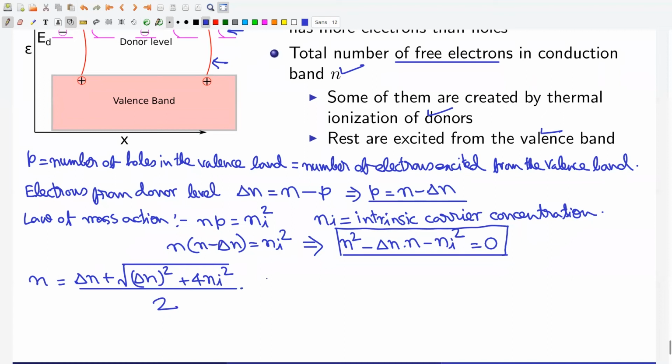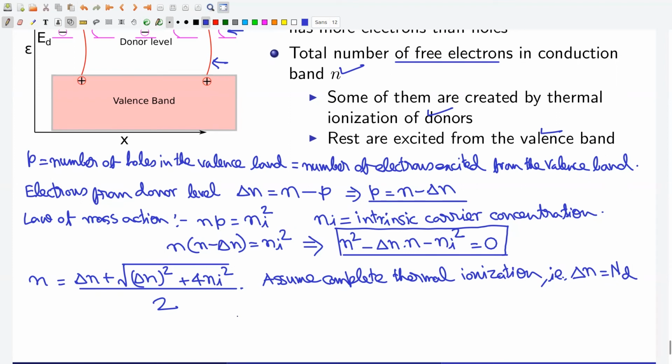Now let us assume complete thermal ionization. That is, delta N is equal to ND, where ND is the donor concentration.